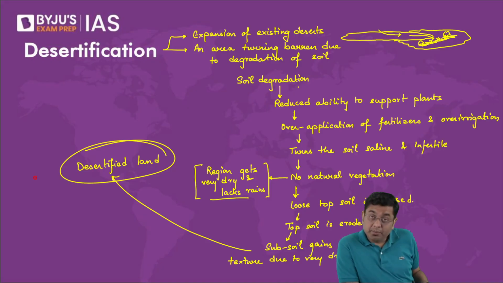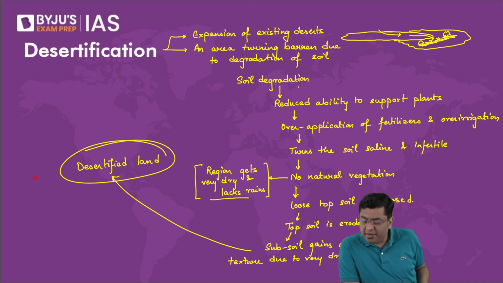The questions in mains are oftentimes asked from this area, both in general studies as well as in the optional portion. So you will have this question which is repeated: how degradation can lead to desertification? That was asked very recently as well. Cold desert is a different factor altogether. Cold desert is not an outcome of land degradation.